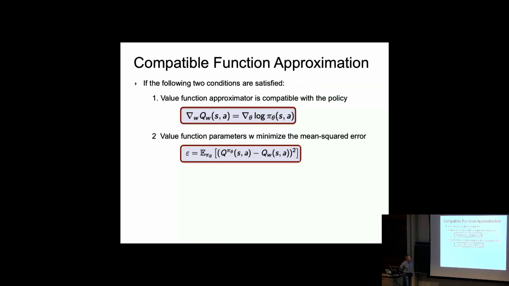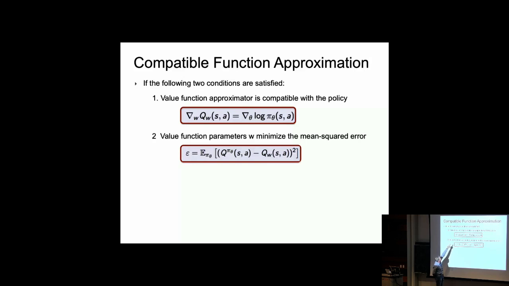Here they are. This is the whole story, although it'll take some time and slides to figure out the consequences of this. Let's say we're trying to estimate a Q function, which is one of the forms that we can use to get the policy gradient too. Then if the following two conditions are satisfied, things are going to work. The first condition looks a little weird.